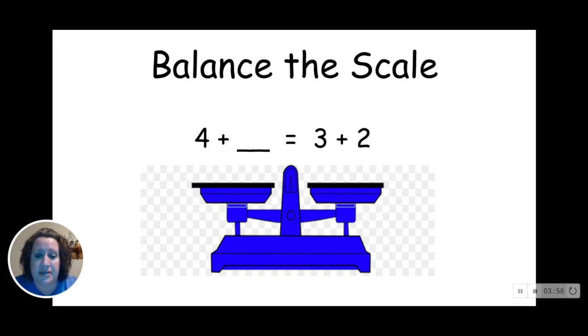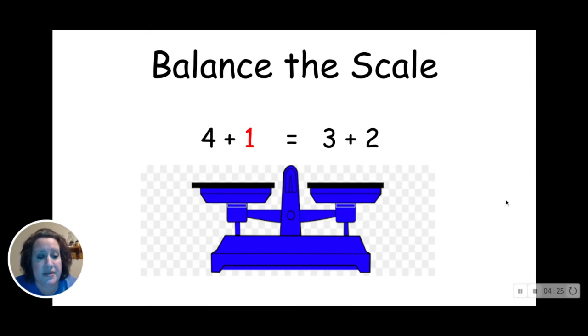What does 3 plus 2 equal? 5. Right. So you have 5 on that side of the scale of the equal sign. We need the other side to also equal 5. 4 plus what equals 5? 4 and how many more makes 5 altogether?